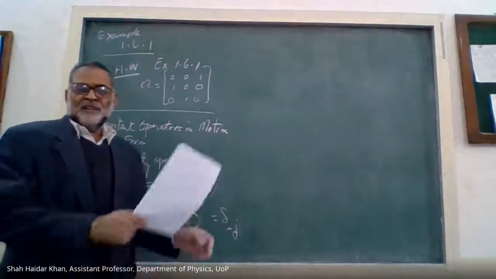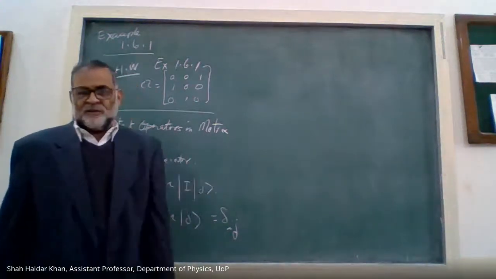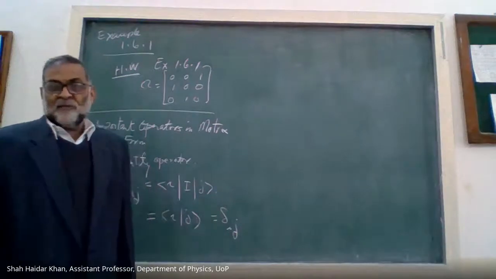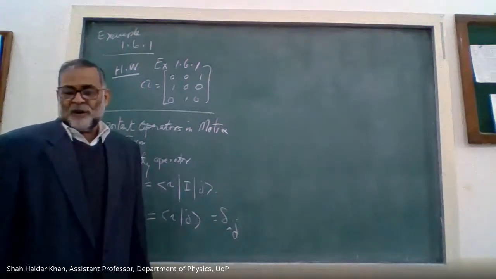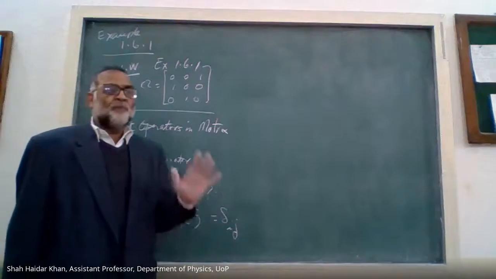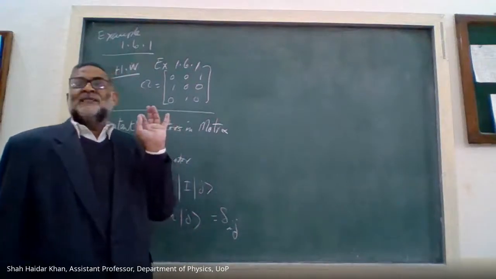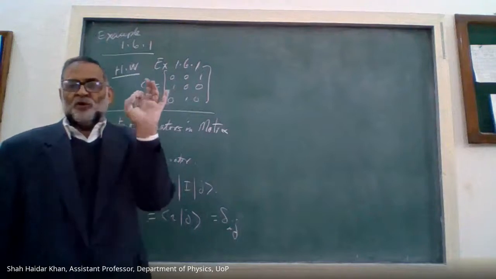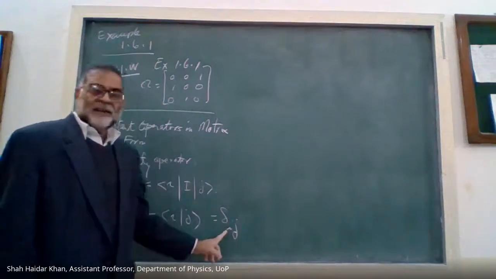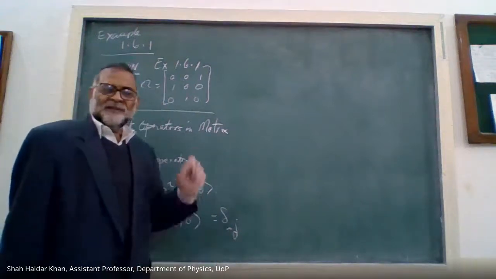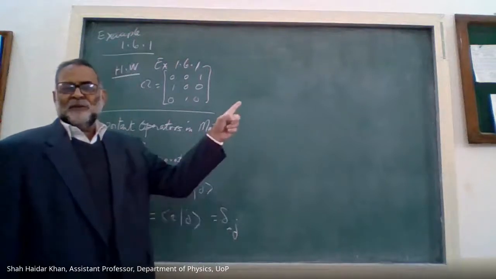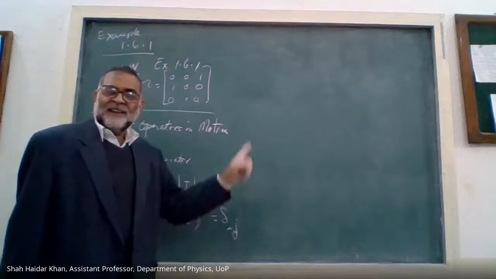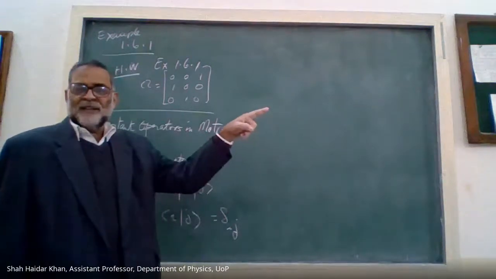Suppose it is a 3-dimensional identity operator in matrix form. The first element will be equal to 1 because it is delta 1,1. The second element, in the first row and second column, is my next element.